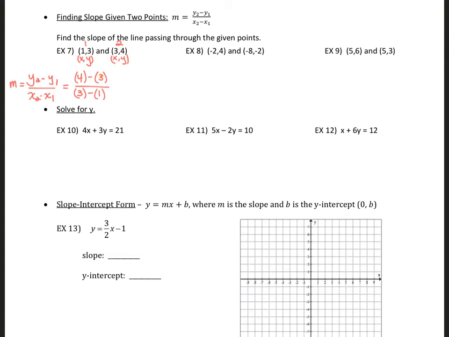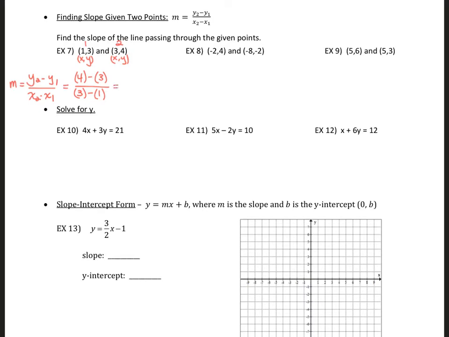There's the 3. 4 minus 3 in the top, y2 minus y1. All over x sub 2, the x value from the second point, 3. And x sub 1, the x value from the first point, is 1. Then we just follow our order of operations.